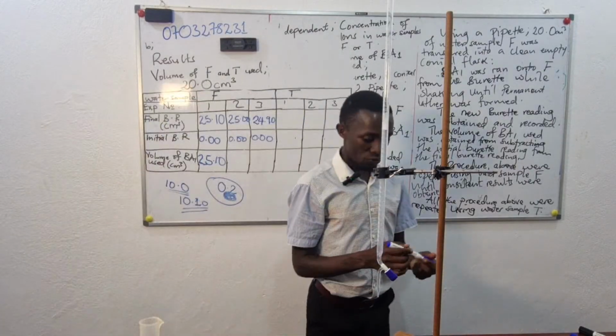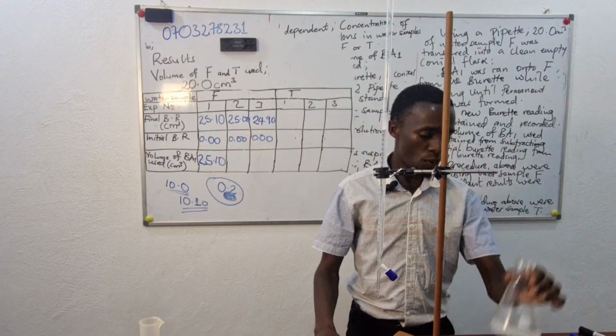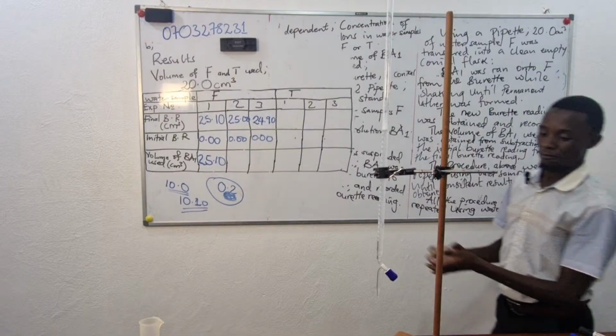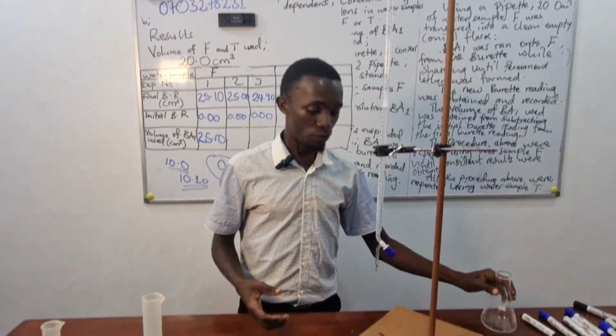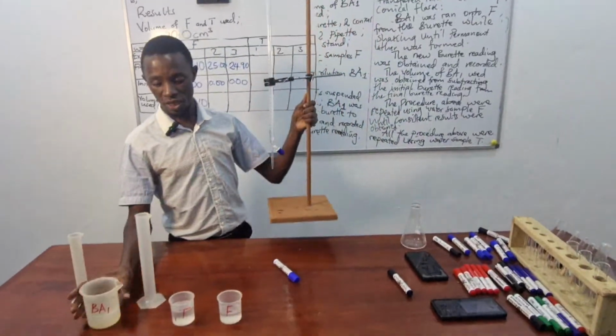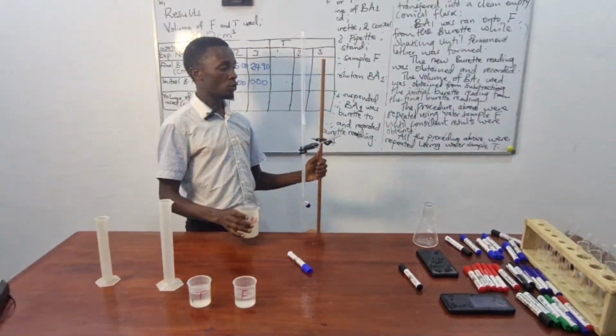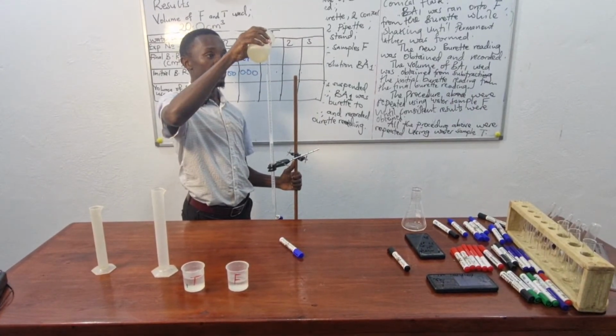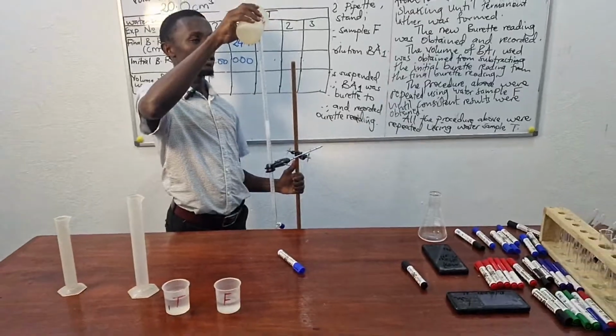To continue, we are now going to use water sample T and still determine the volume. I suspended it already. I'm just going to fill up my soap solution back to 0. I want to use 0 as my initial value.